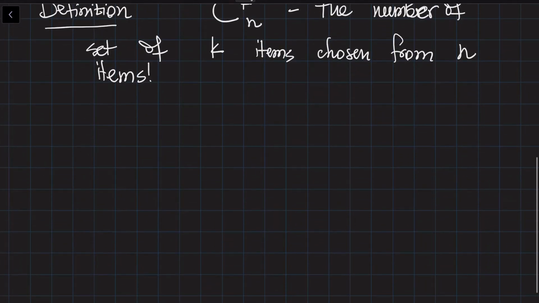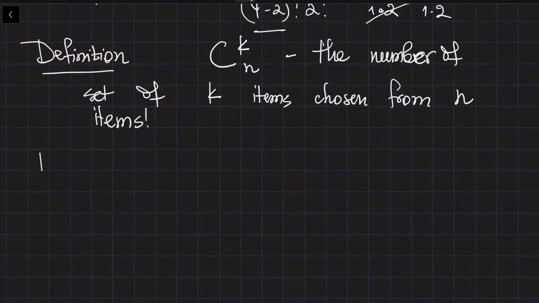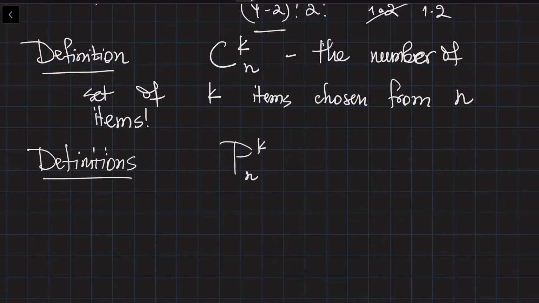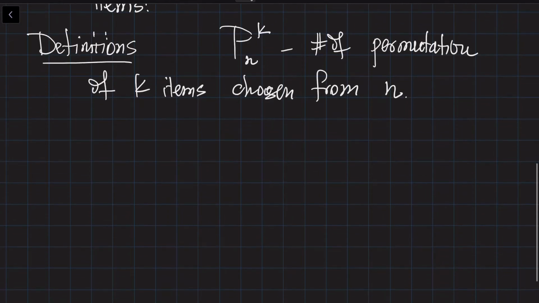This is different from the permutation, so let me write down the definition for the permutation as well. We have got another formula, right? P n k. It's just the number of permutations of k items chosen from n.